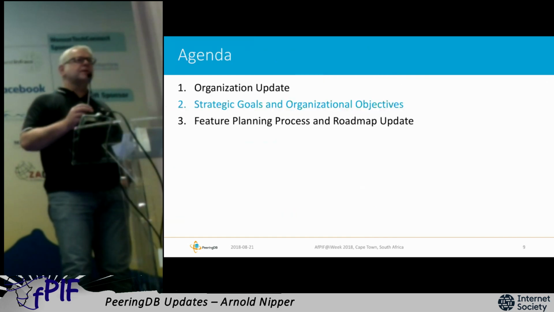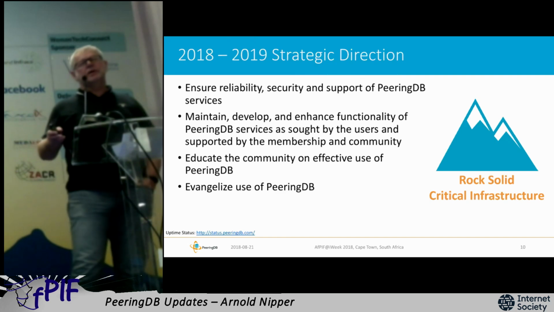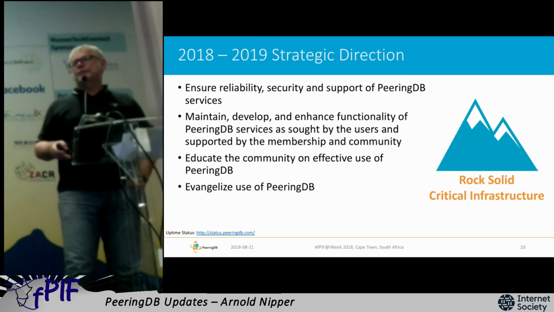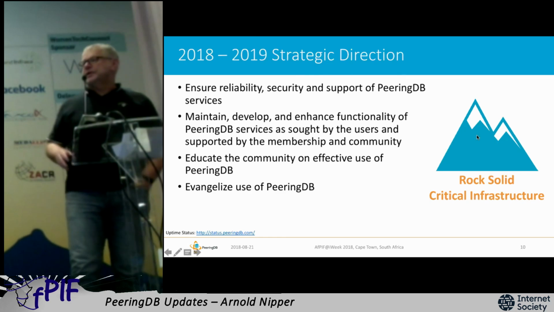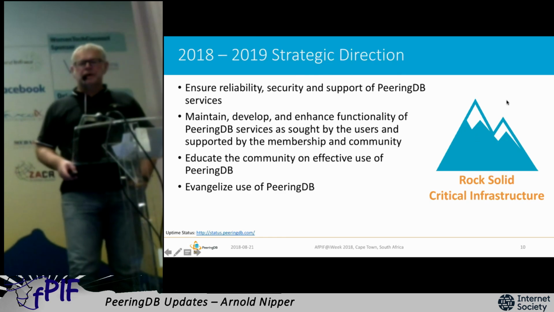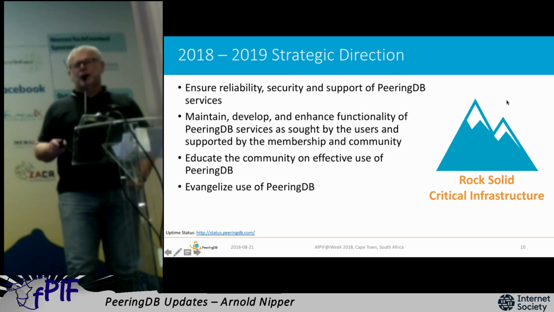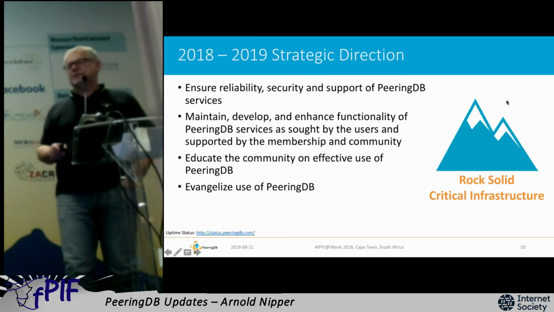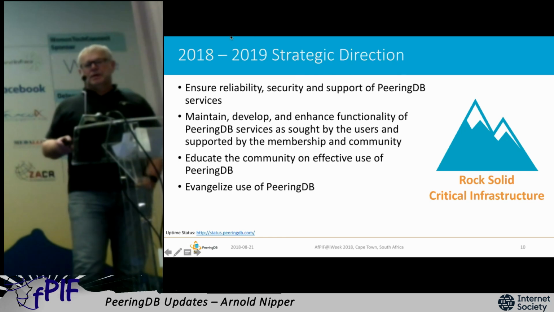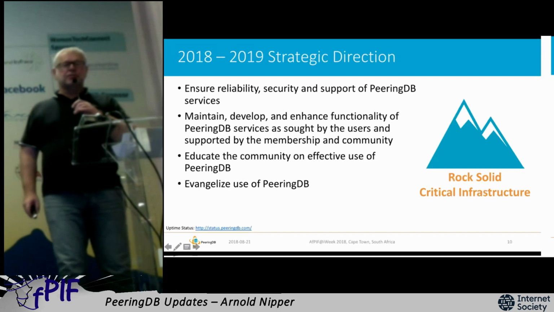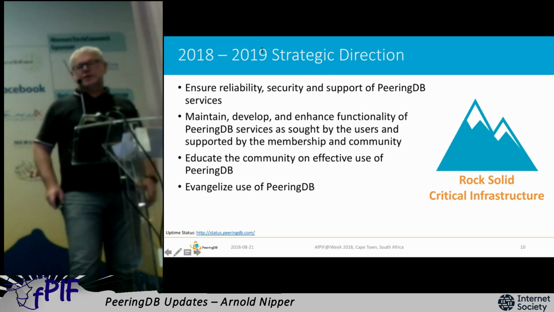What the board of PeeringDB does is we come together once a year for a full day to set the strategic direction for the present year and the upcoming year, and this is what we did this year in March. First of all, what we would like to do is to ensure reliability, security and support of PeeringDB services.